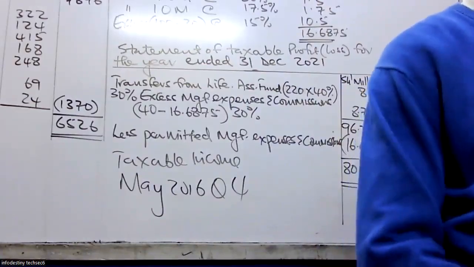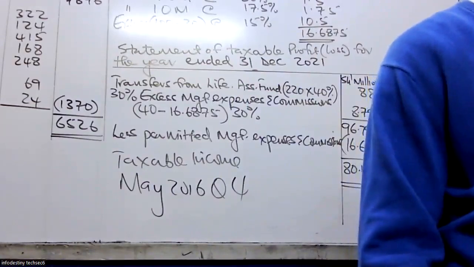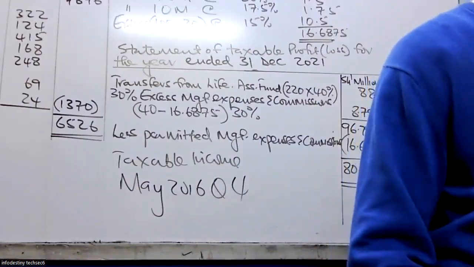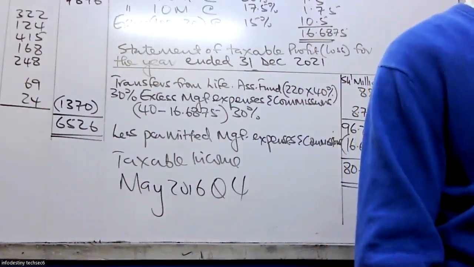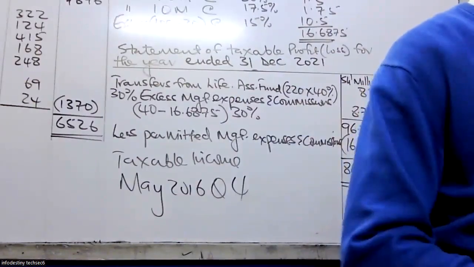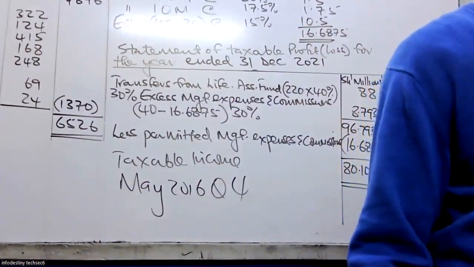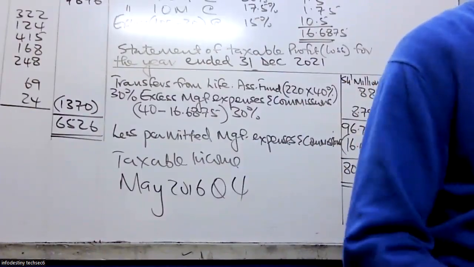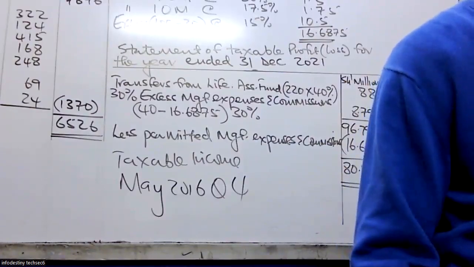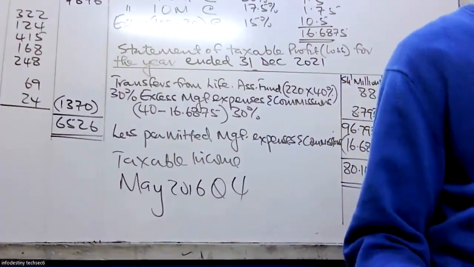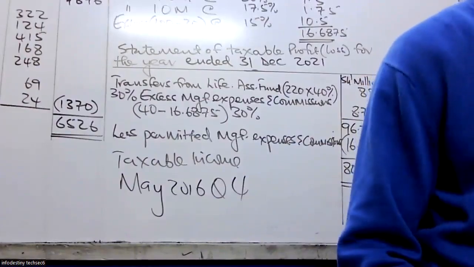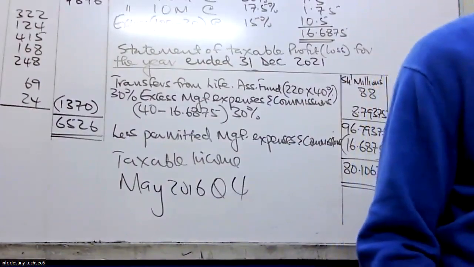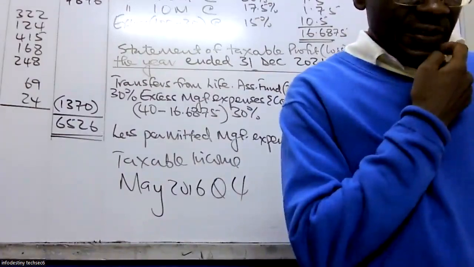What are the features? The first feature that distinguishes tax havens from other tax regimes, you can say, is nil or very low rates of taxation on income.